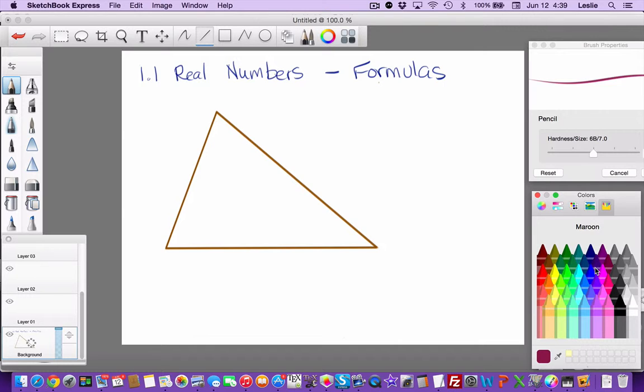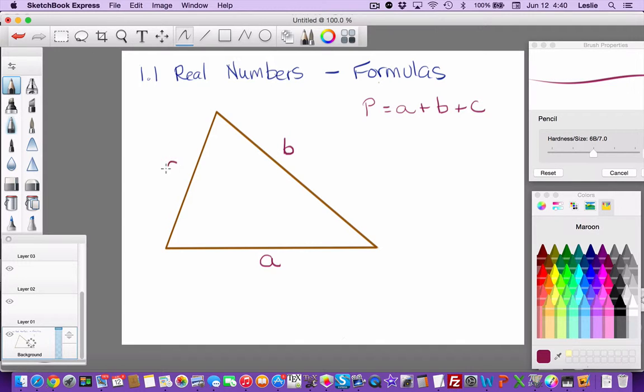Let's talk about a triangle. There's no formula per se for the perimeter of a triangle. It's just the length of the first side plus the length of the second side plus the length of the third side. And with an exception of a very special case, it doesn't really matter what you call each side.